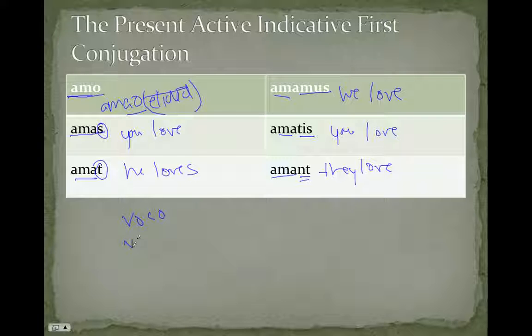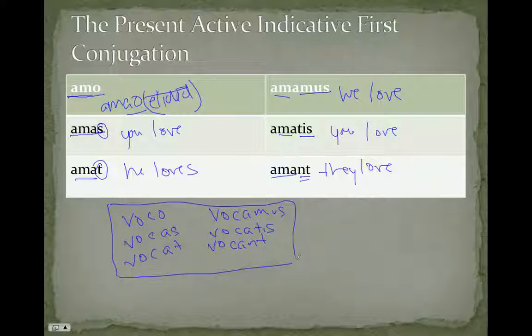Voco, vocas, vocat, vocamus, vocatis, vocant. And what we're doing here when we form all six of these forms, first person, second person, third person, singular and plural, is called conjugating. We're conjugating this verb.